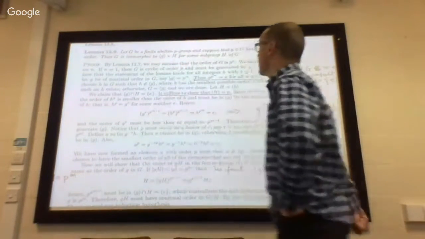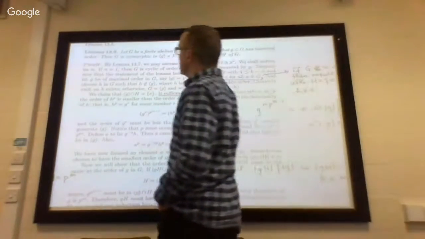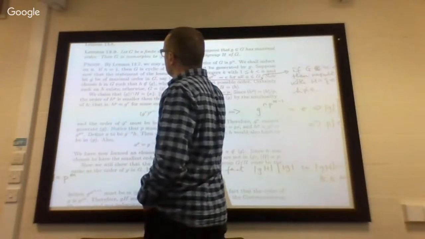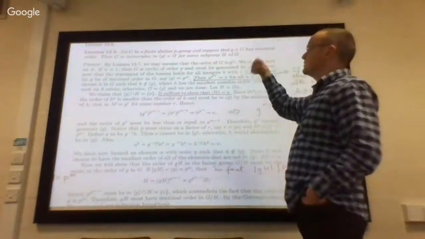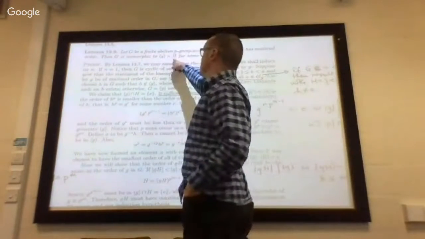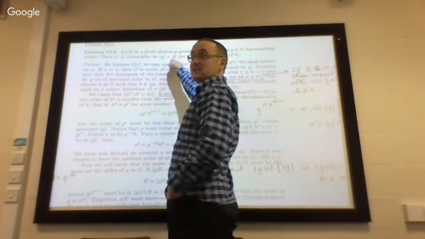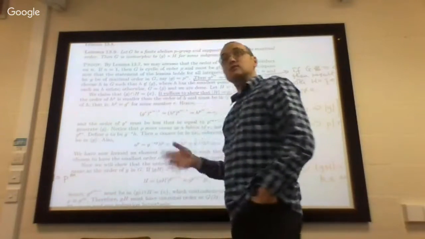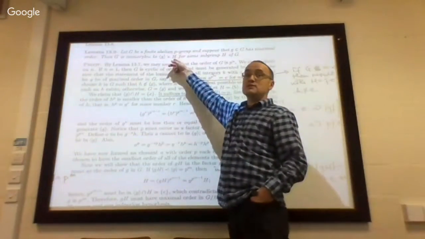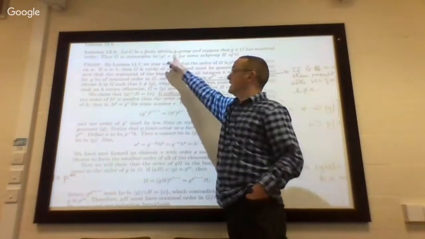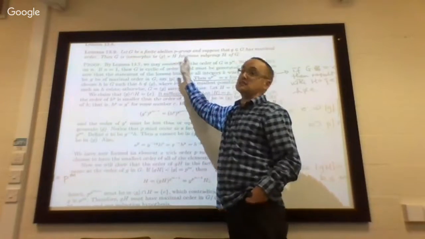Okay? And by induction, if we can always do this for any finite abelian P groups, then we can keep doing it, because the subgroup H that's left here, because it's a subgroup of G, itself consists of elements whose order is always a power of P. So it itself is a P group, so you can apply the lemma to H. You can split off a cyclic bit off H, and then whatever's left behind, you can split a cyclic bit off that.